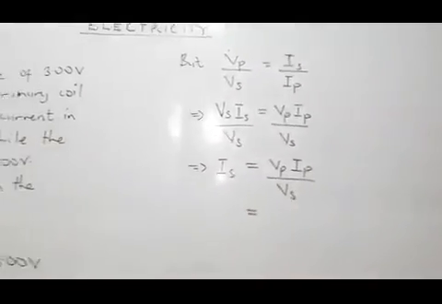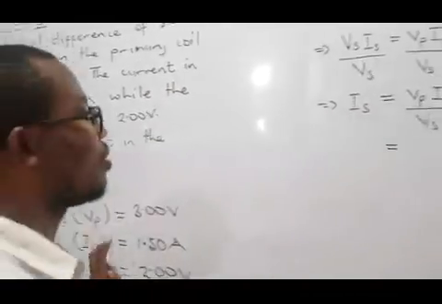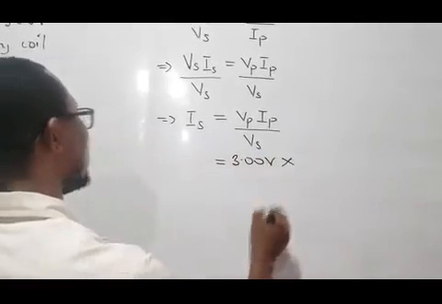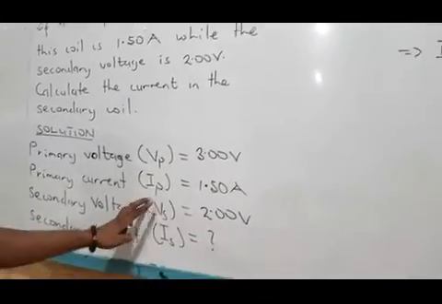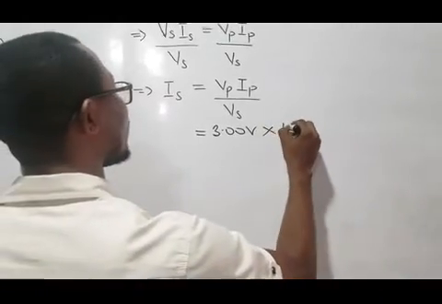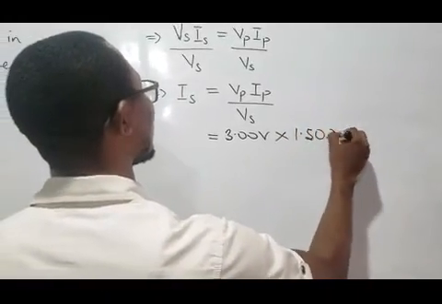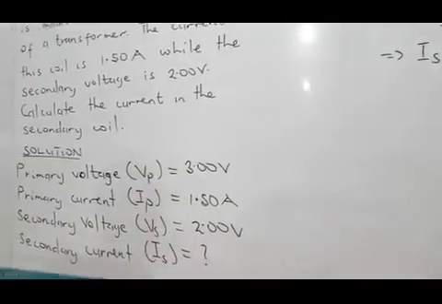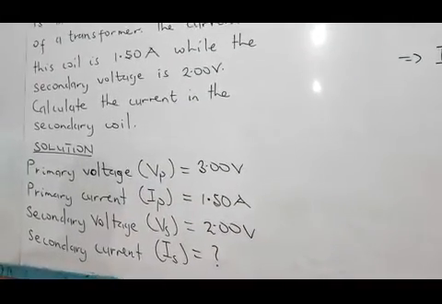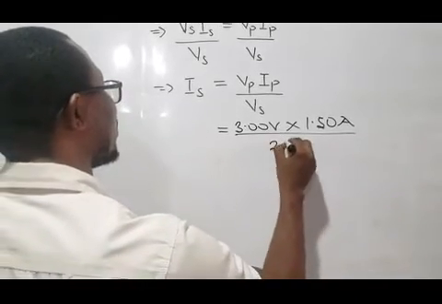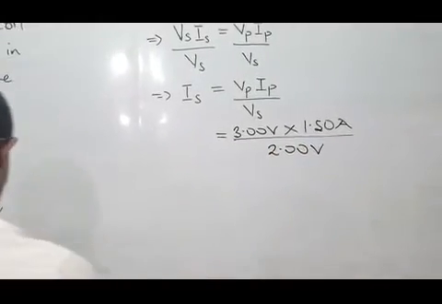Do the substitution. Vp is 3.00 volts, Ip is 1.50 amperes, and then we have Vs to be 2.00 volts.